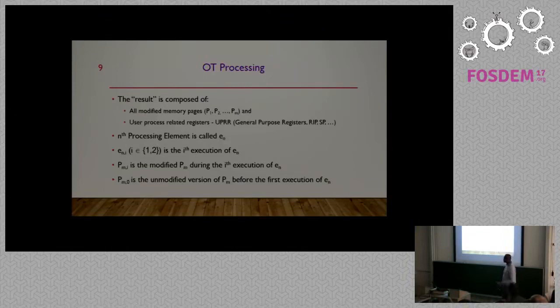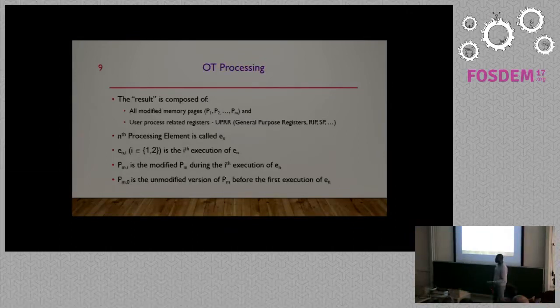process-related registers. For the following, I will present in the next slide how we do the process, and for you to follow me, we will call EN the nth processing element that we will do.